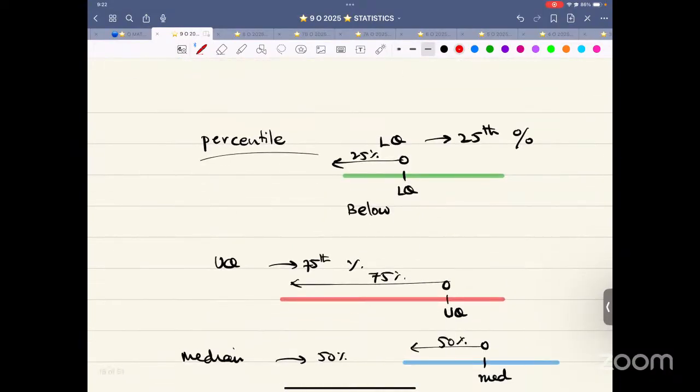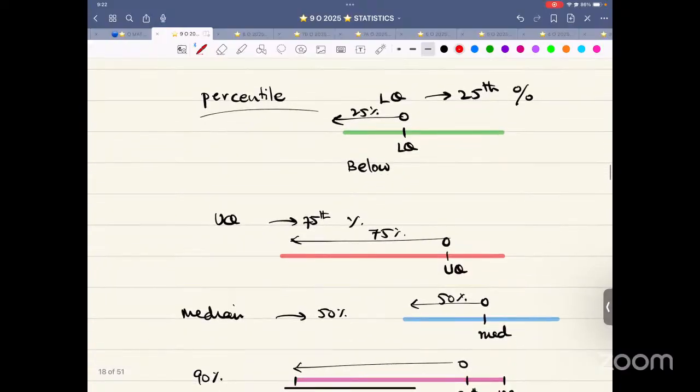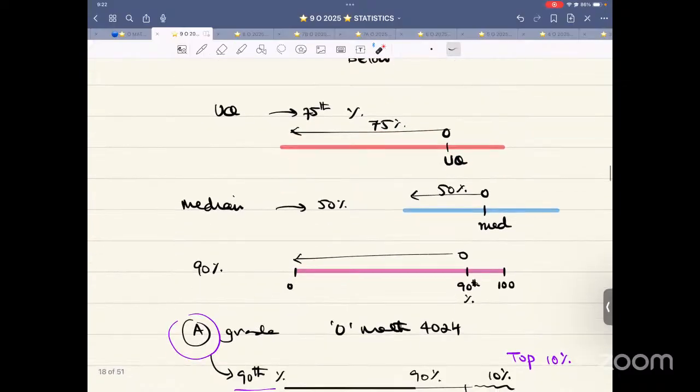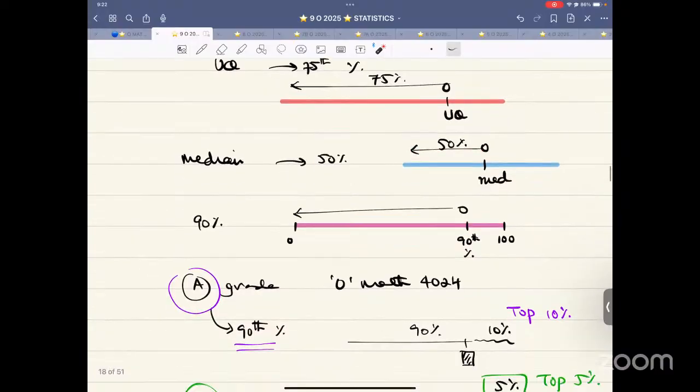That same thing can be applied over here, the concept of percentile. 25% of cumulative frequency is the 25th percentile. 25% of the people are scoring below this. Upper quartile, that is the 75th percentile. 75% are scoring below this. Median is the 50th percentile. 50% are scoring below that.